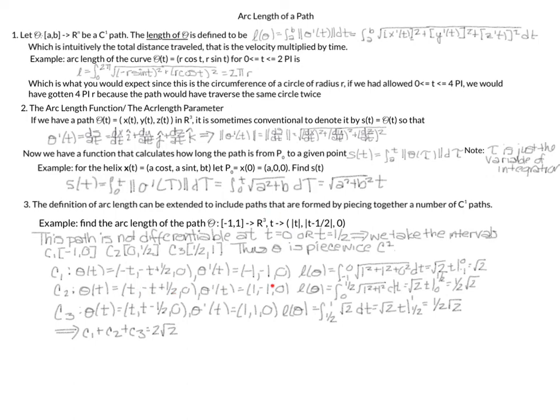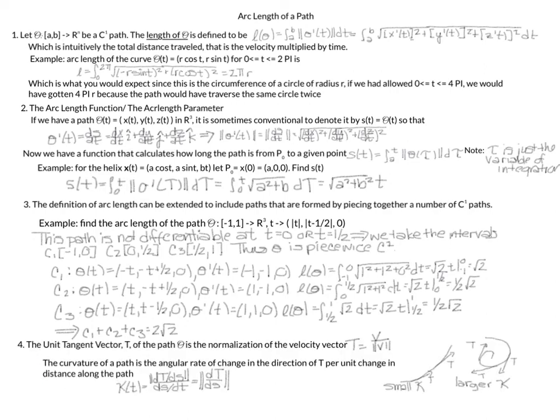I can take my derivative, and then I can take my integral from 0 to 1/2. And last, for C3, my absolute value of t, when we're looking at 1/2 to 1, is t. The absolute value of t minus 1/2 is t minus 1/2, and then I get 0. I take the derivative, I take the integral, and then for my final answer, I can add up c1, c2, c3, and I get 2 square root of 2.